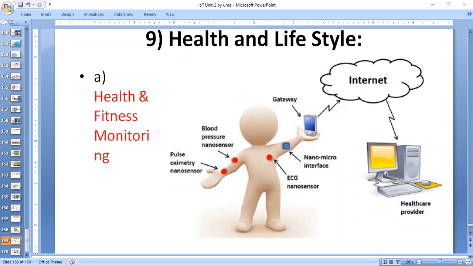Here the master node is a device or IoT system which sends the data to a server or cloud-based backend for analysis, so healthcare providers can analyze the collected data. That is why you are using these systems. This system helps in health monitoring techniques.